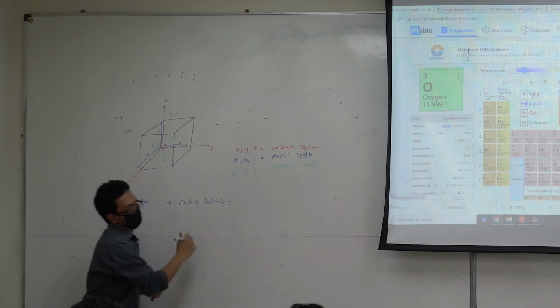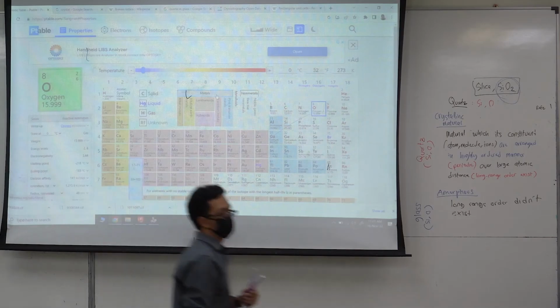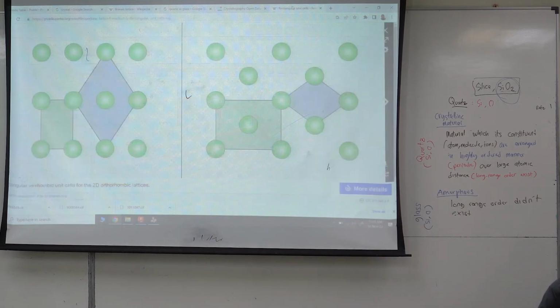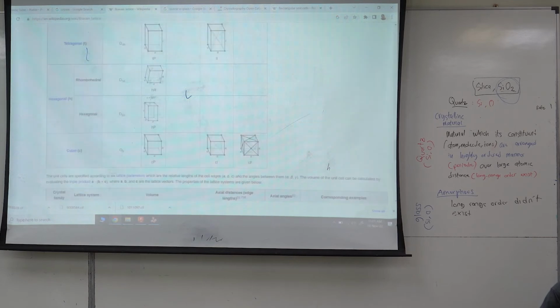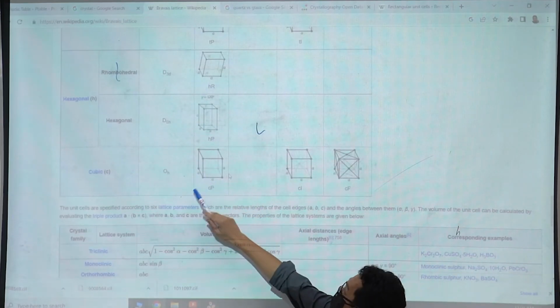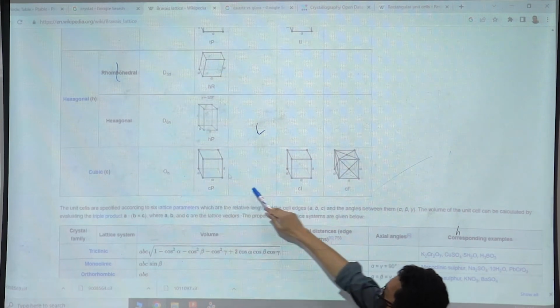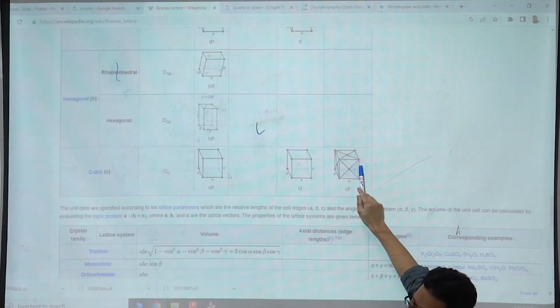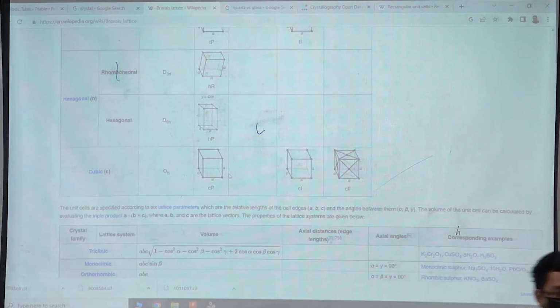And for cubic lattice, we have 3 types of cubic lattice here. You have the simple cubic, meaning that all the atoms are at the corners, body center cubic, and also face center cubic. I will show you later on how it looks.